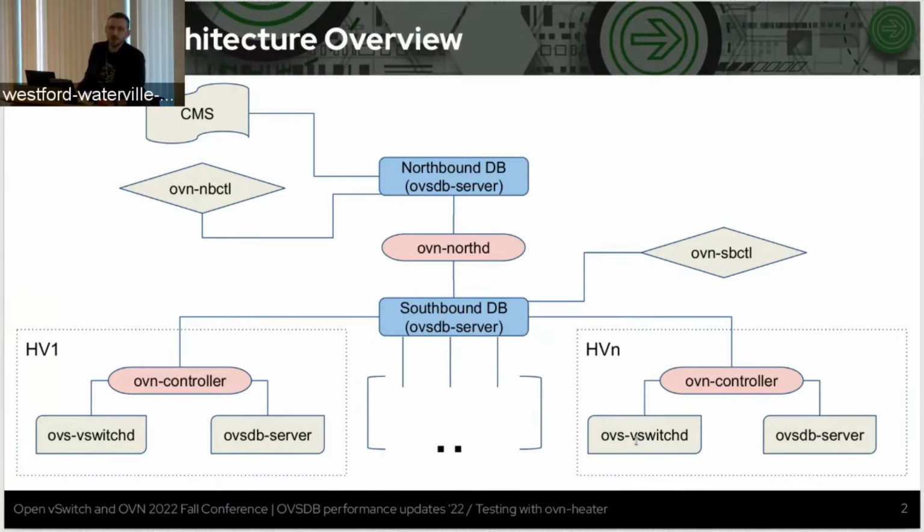Each OVN controller is subscribed to all the updates from the southbound database. And NordD is processing data created by users, by CMS, or humans, translating it into the representation that OVN controllers can understand and use for programming flows on each host.